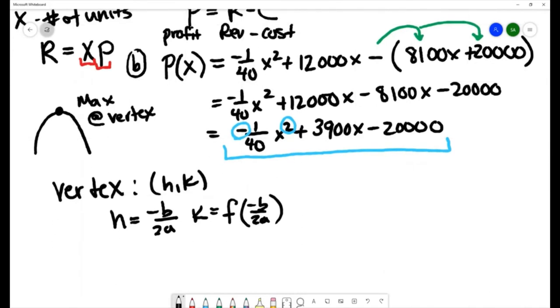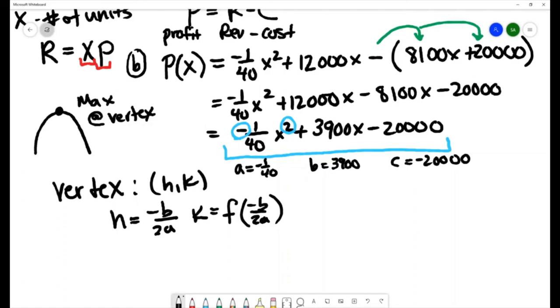A is equal to negative 1/40. B is 3,900. And C is negative 20,000. A is the coefficient of the squared term. B is the coefficient of the linear term, the x term. And C is the constant.